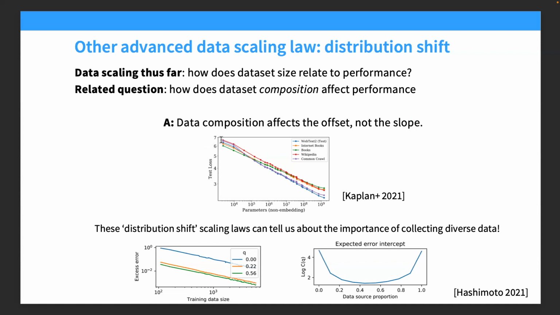The slope actually stays the same. It's a very interesting discovery: it means the intrinsic dimension of the problem and of the data stays the same. But this intercept or offset still matters, because it will affect the end performance. We want the offset to be as low as possible.